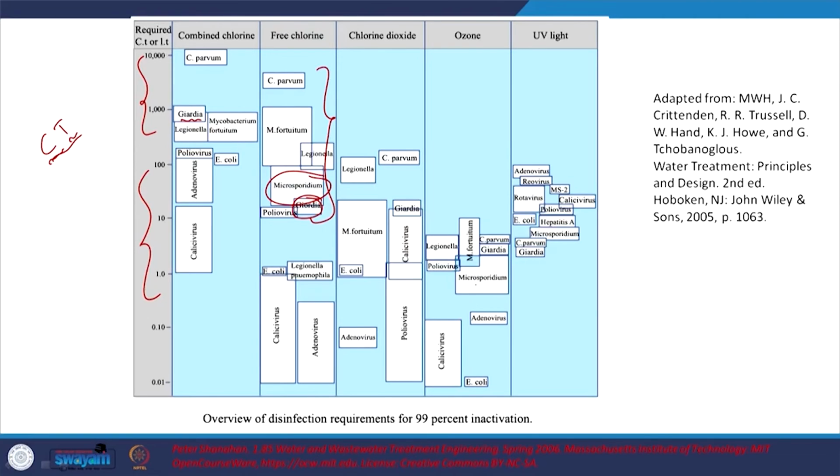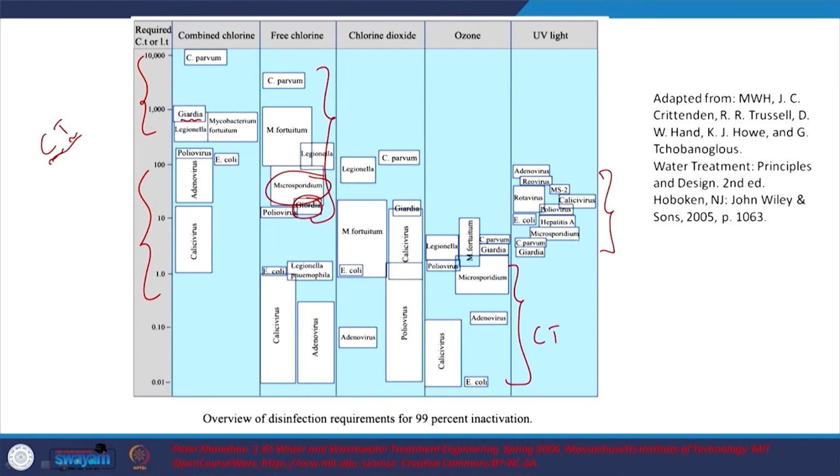But with respect to ozone and UV, and this is the advantage, I guess, you see that they are effective against a range of pathogens, and that too at relatively less CT values. So contact time is relatively less here.